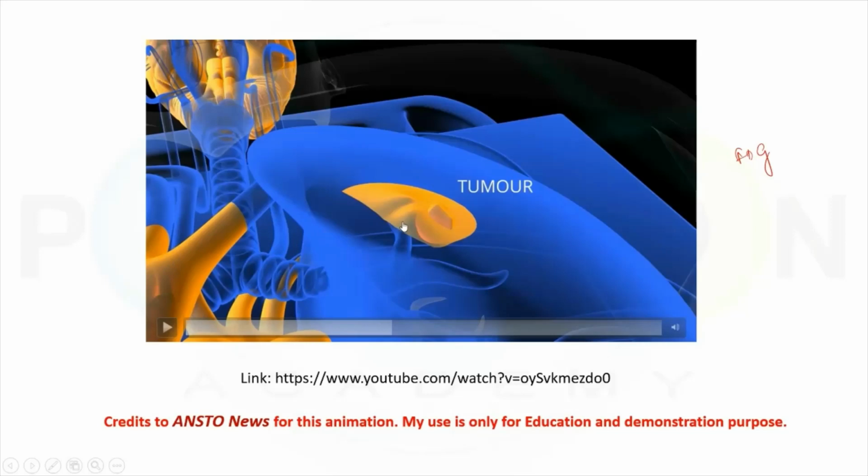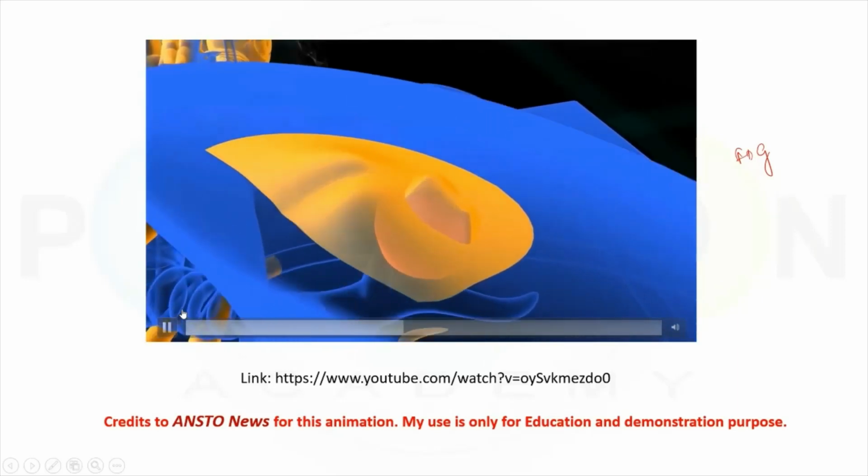So we can now see that the tumor has taken more glucose than the surrounding normal tissue, normal cells, and that is used as a contrast between the uptake of the pharmaceutical by the lesion and uptake by the normal cells. There's a huge contrast difference between the two.